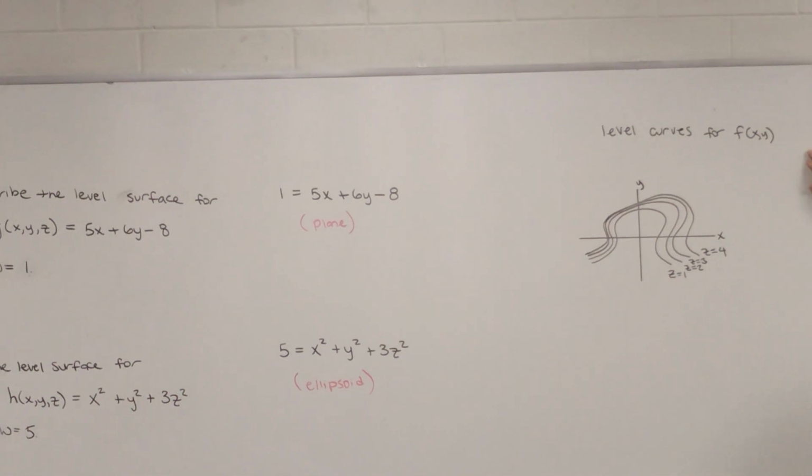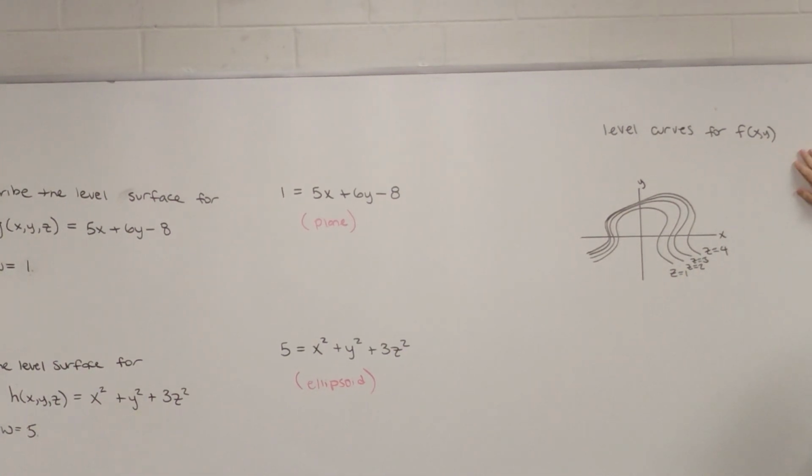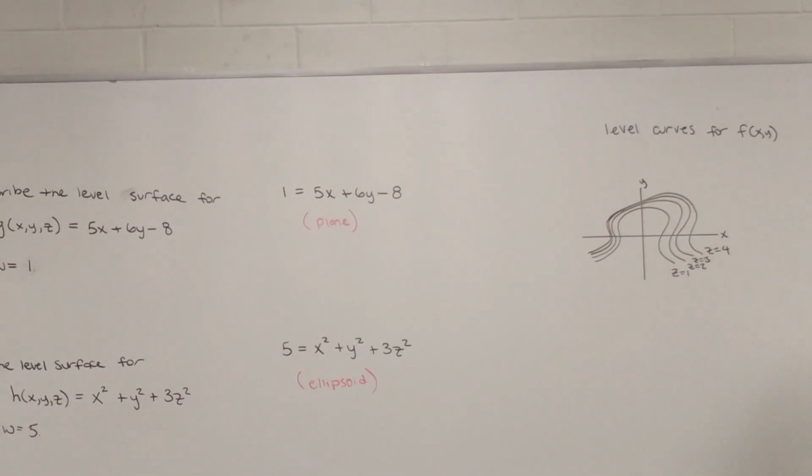So before we were looking at level curves. We had a three-dimensional surface, and we were able to imagine this by drawing 2D level curves. So we're slicing it z equals 1, z equals 2, z equals 3.